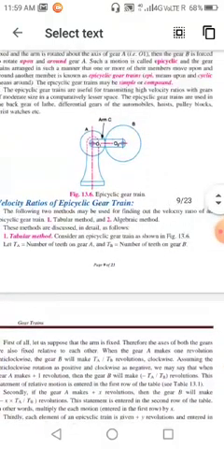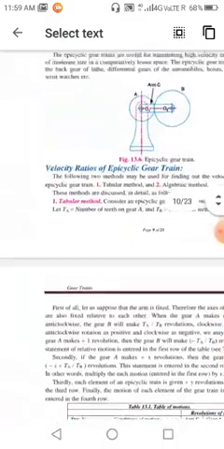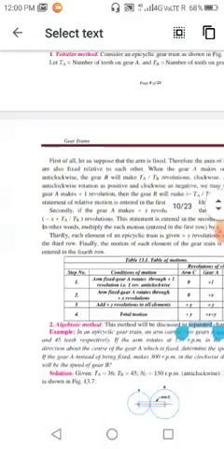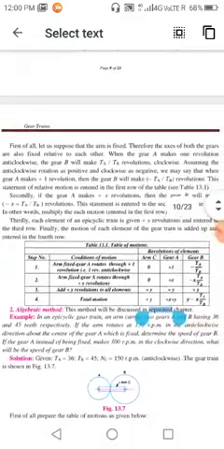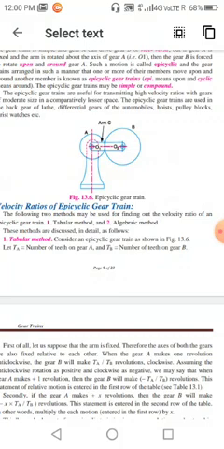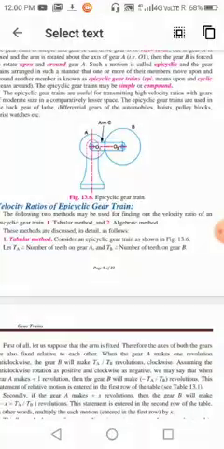If any type of epicyclic gear train is given, the first action is that you have to fix the arm. So the first action is: arm is fixed. When you fix the arm, gear A and gear B will rotate like a simple gear train.